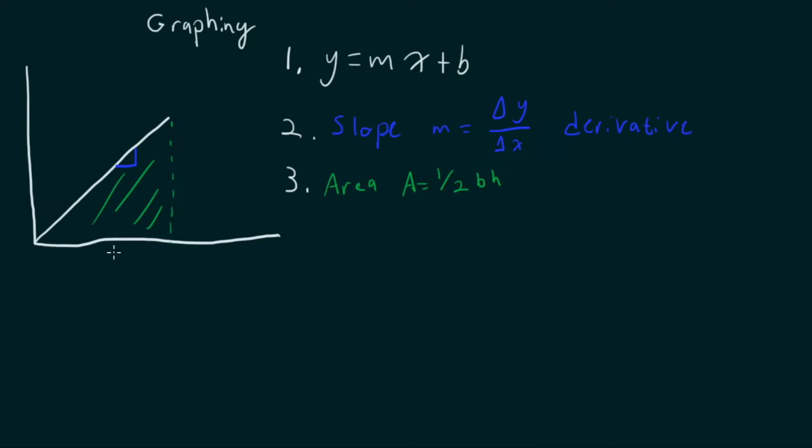Well, in this case, what's my base? My base is my x-plane. What's my height? Well, that's my y. And so I could say the area under that curve is 1/2 x times y. This is what's known as an integral. Those are the fundamental bases of calculus. These two ideas, just being able to look at the area under a curve and the slope of a curve as those curves might change.